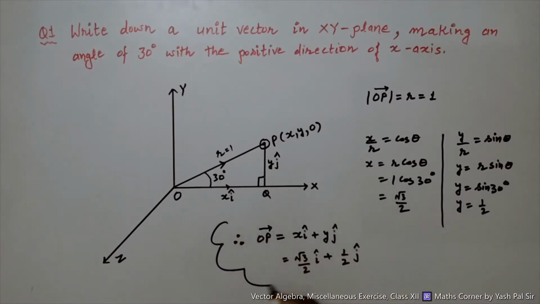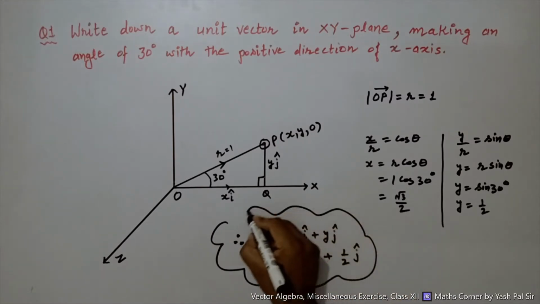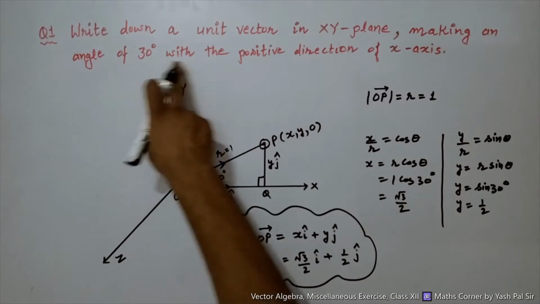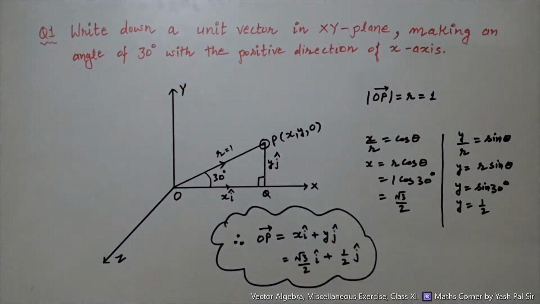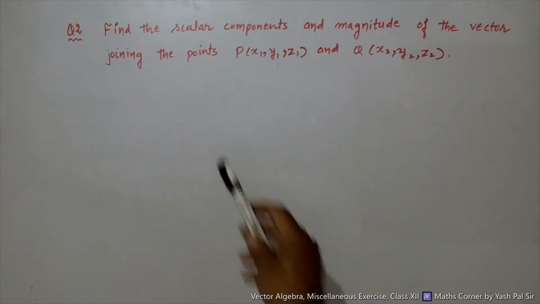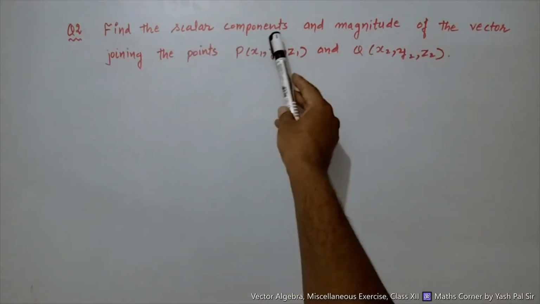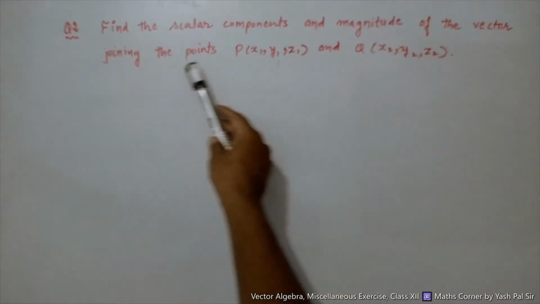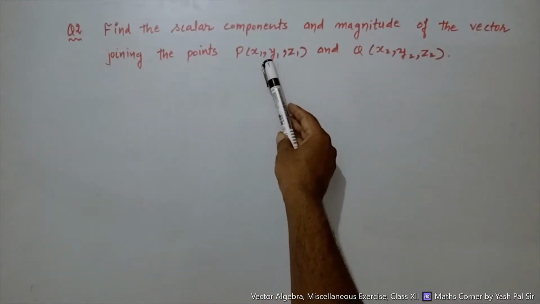So this is the required unit vector in xy plane making an angle 30 degree with the positive direction of x axis.